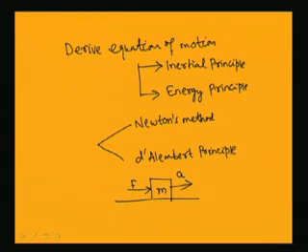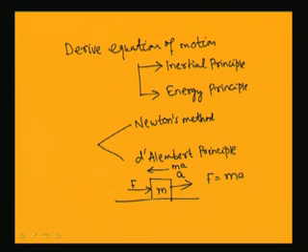According to Newton's second law, you can write F equal to m a, but according to D'Alembert principle, you are converting the system to an equivalent static system by applying an inertia force, which acts in the direction opposite to the acceleration, and its magnitude is mass into acceleration.